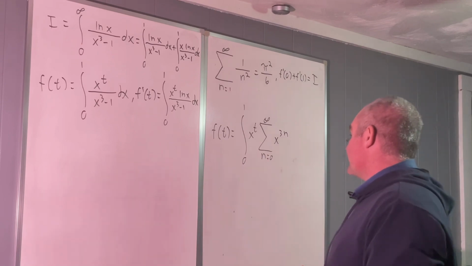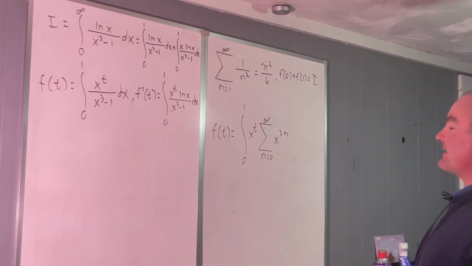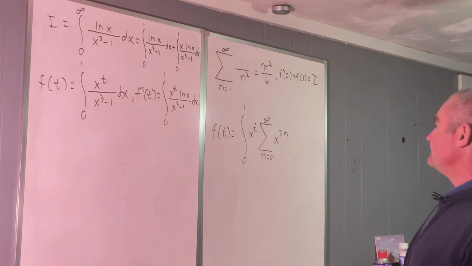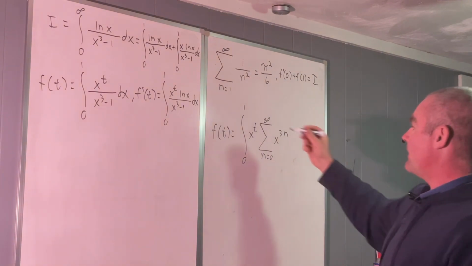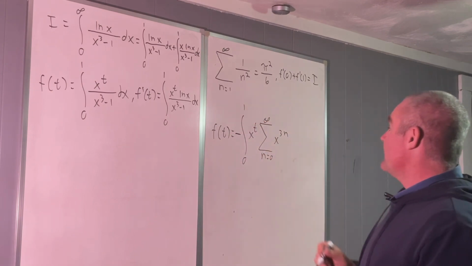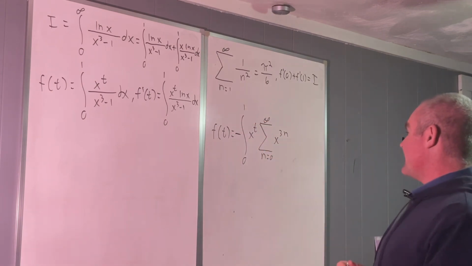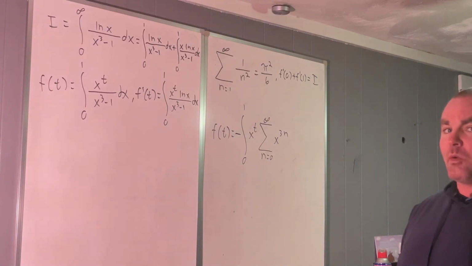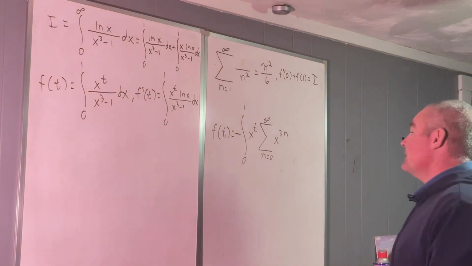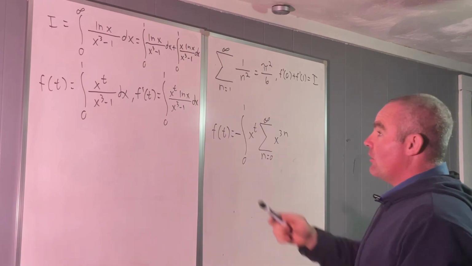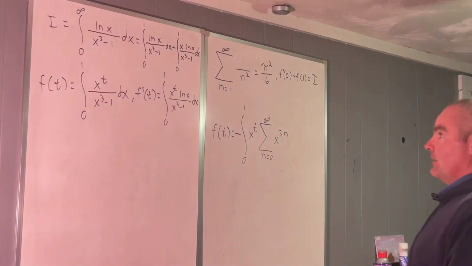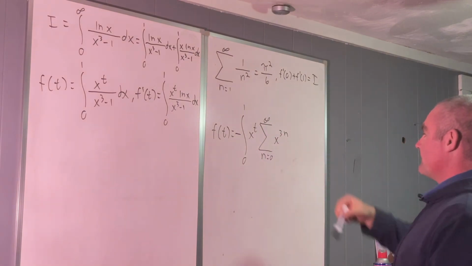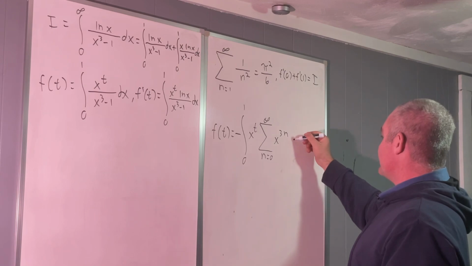The sum as n goes from 0 to infinity of x to the 3n is equal to, there would actually be a negative. That would be the sum as n goes from 0 to infinity of x to the 3n is equal to 1 over 1 minus x cubed. So 1 over x cubed minus 1 would just be the negative of this thing. All right, and then we'd have dx.